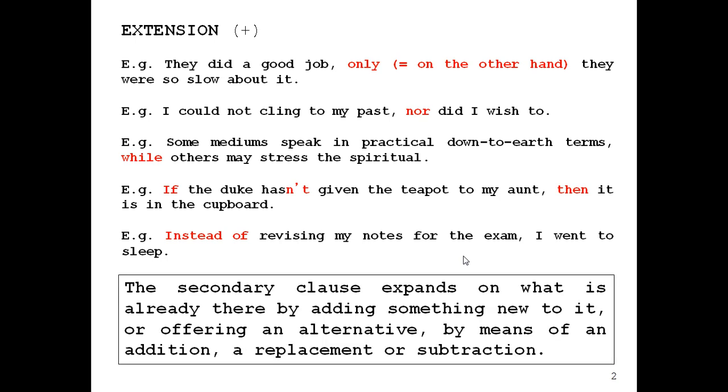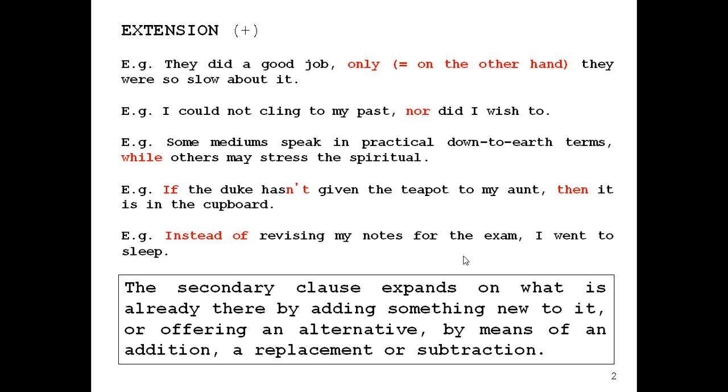Okay, so what you can say to sum up about extension is that the secondary clause, the one that extends the main one, expands on what is already there by adding something new to it or offering an alternative, like you see in the last example, by means of an addition, a replacement, or a subtraction.